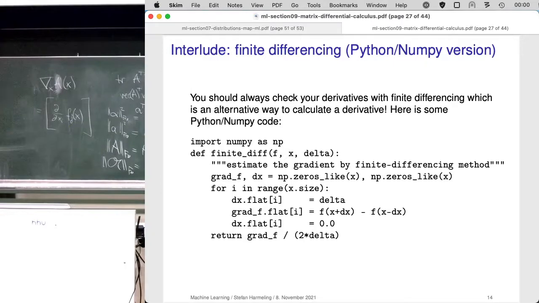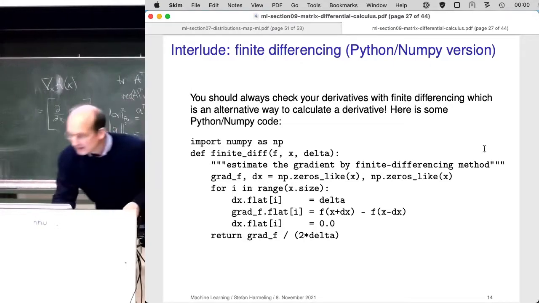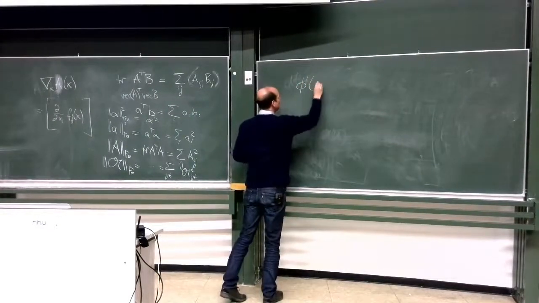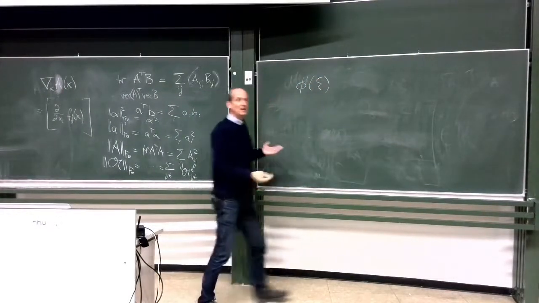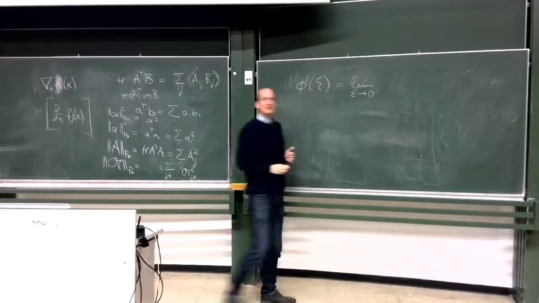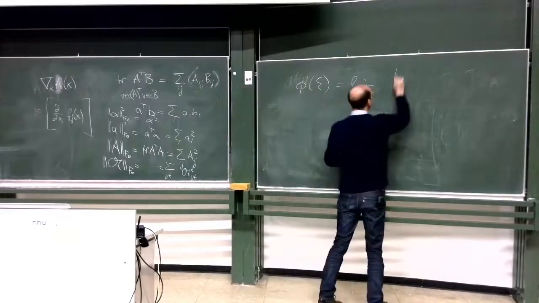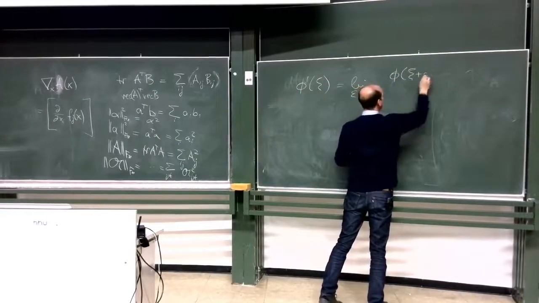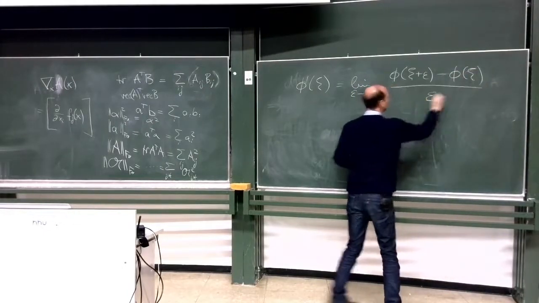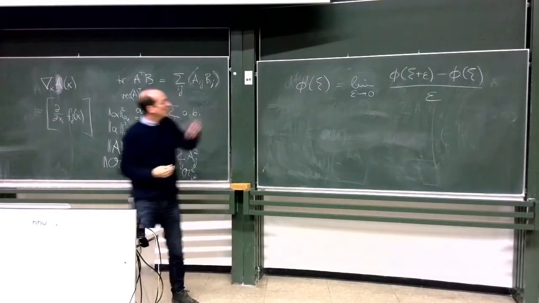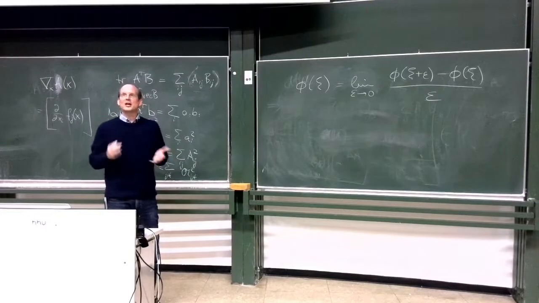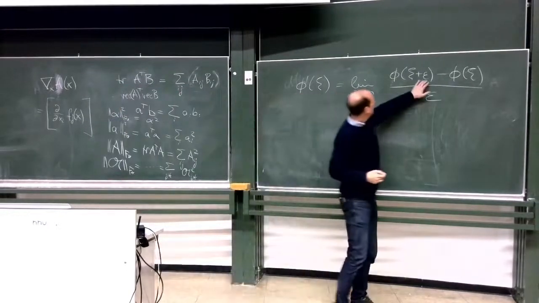The derivative of a function like that one was defined to be the limit of epsilon going to 0 of the difference phi of x plus epsilon minus phi of x, divided by epsilon. We see that the epsilon is like in dx, a little change of the x.